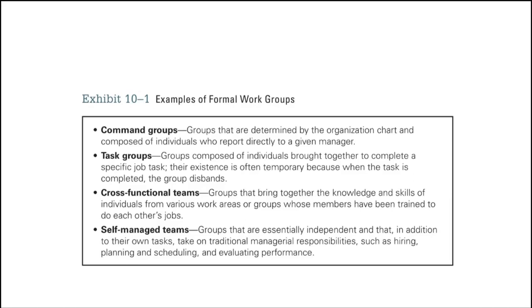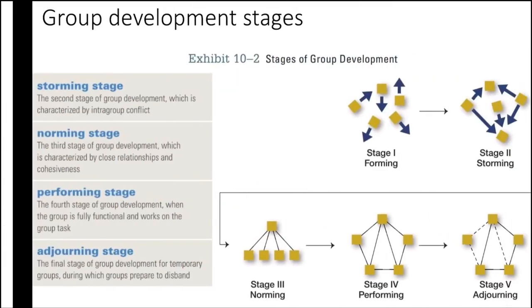Okay, so and then kita ada self-managed team. Groups that are essentially independent and that, in addition to their own tasks, take on traditional managerial responsibilities such as hiring, planning and scheduling and evaluating performance. Okay, so these are the examples of formal work groups.